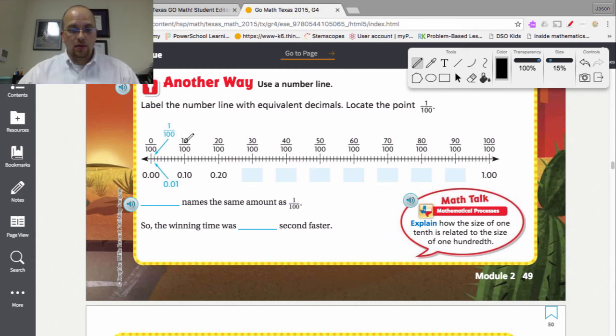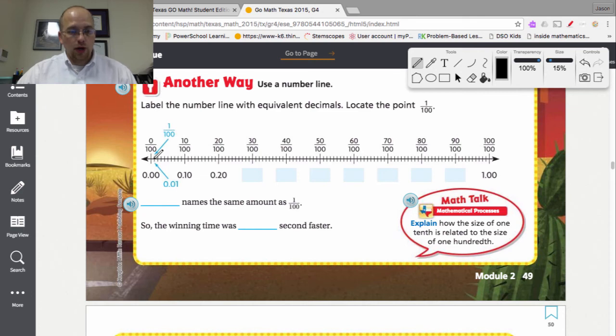We've got 1, 2, 3, 4, 5, 6, 7, 8, 9, 10 pieces. But look what they've done here. They've divided the 10 pieces into 10 pieces, which I could have done too, but in the interest of time, I did not. So here we have hundredths because 10 pieces of 10, 10 times 10, makes 100.